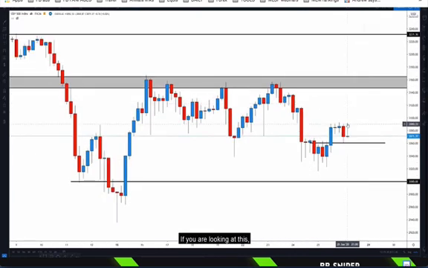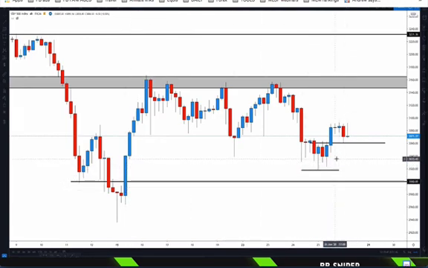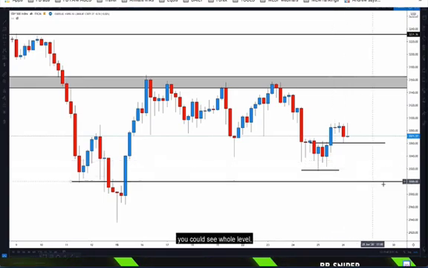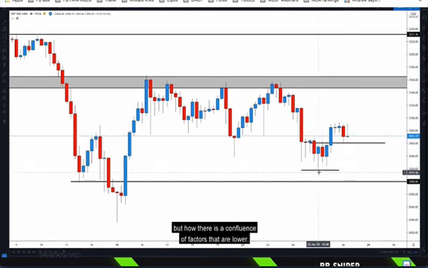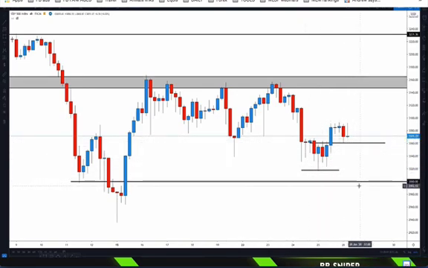If you were looking at this, and you could see imbalance, you could see an old low, you could see whole level, not just the quarter level of 3,075 where the market was trading, but how there is a confluence of factors that are lower.